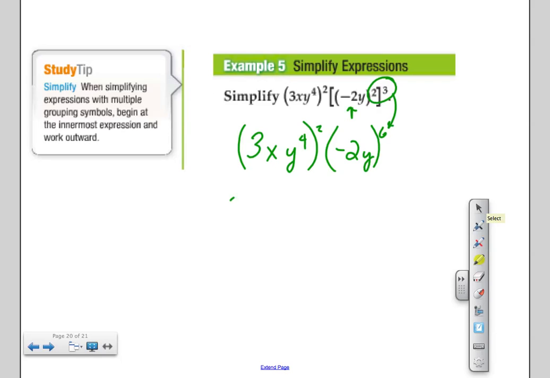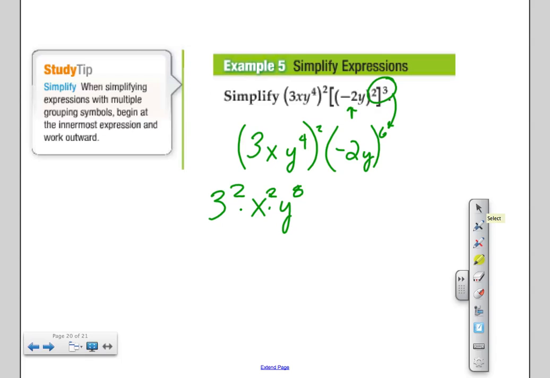Now let's think about the first factor. Excuse me, 3 to the power of 2. We have 3 to the power of 2, x to the power of 2, and y to the power of 4 times 2 is 8.